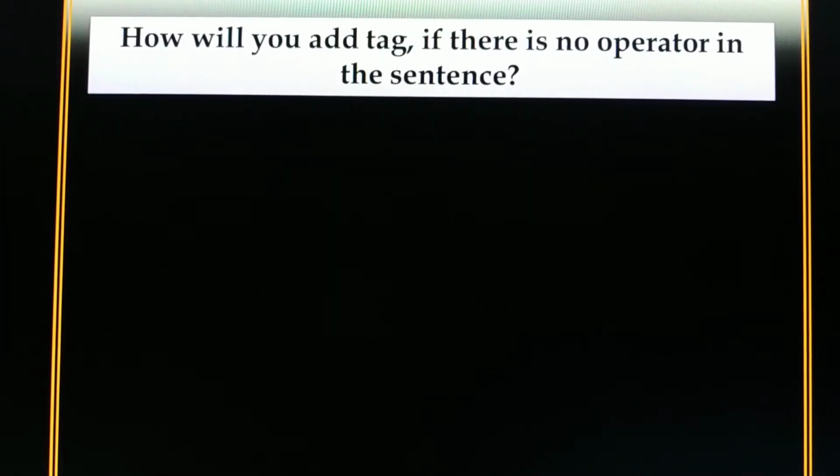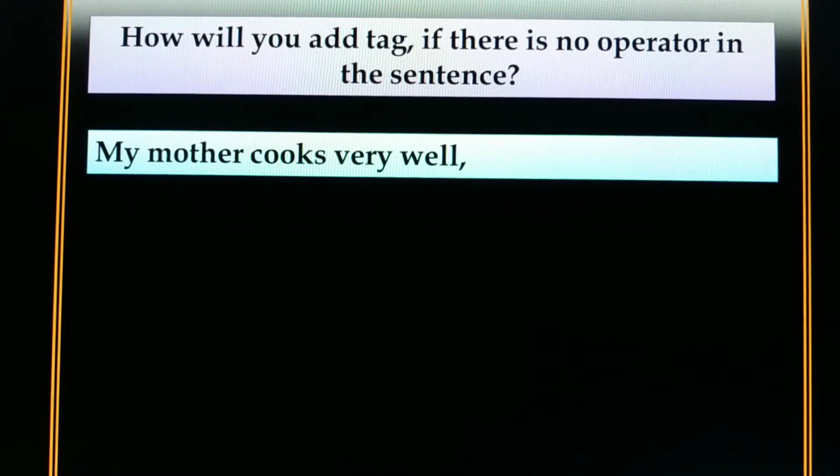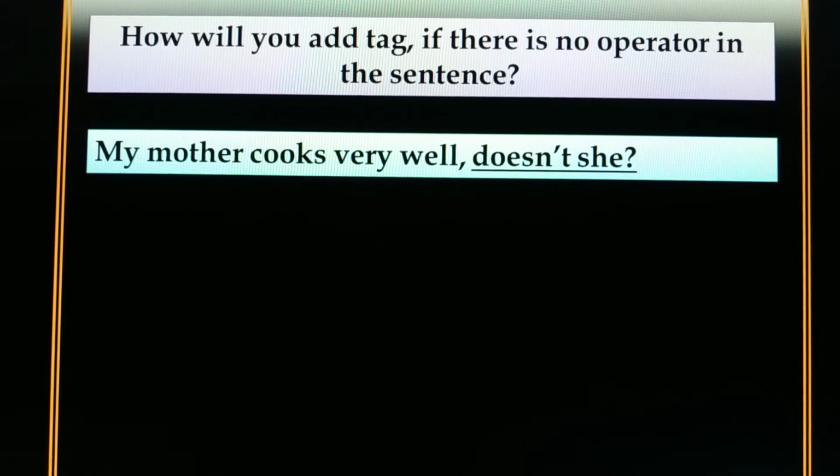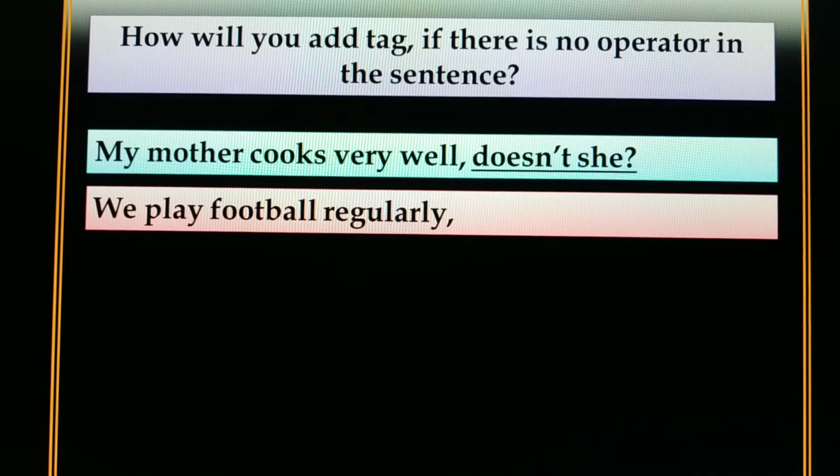Okay, how will you add a tag if there is no operator in the sentence? My mother cooks very well, doesn't she? Here the subject is she because our subject is third person. We play football regularly, don't we?